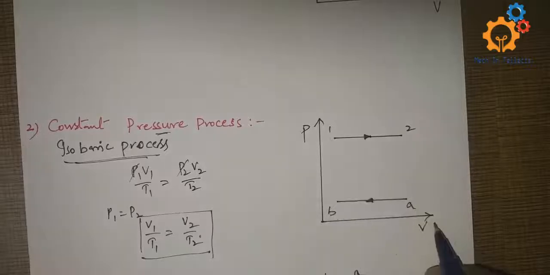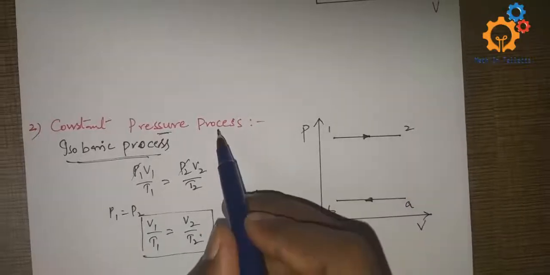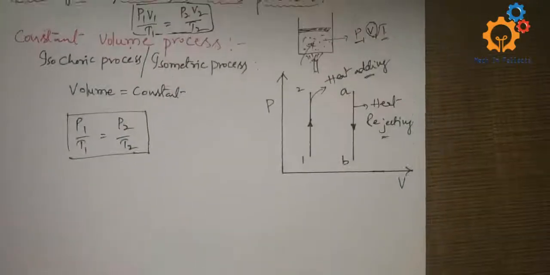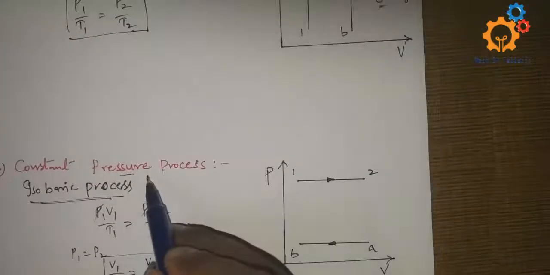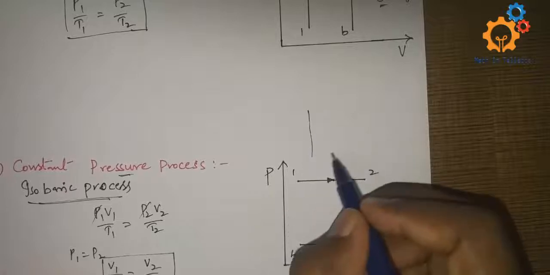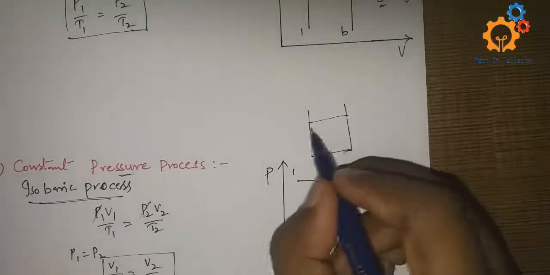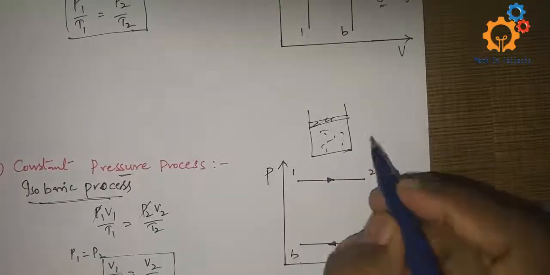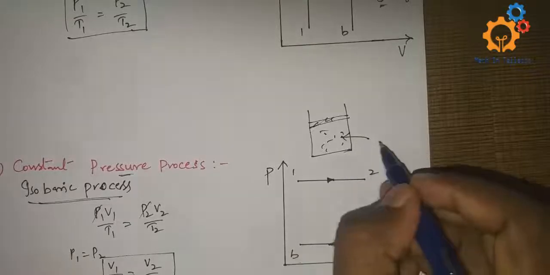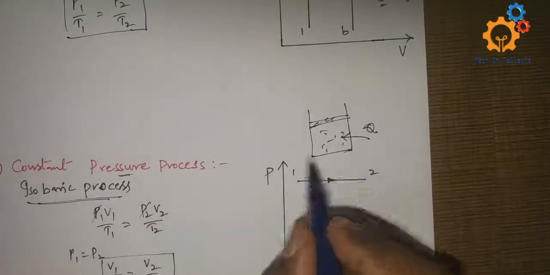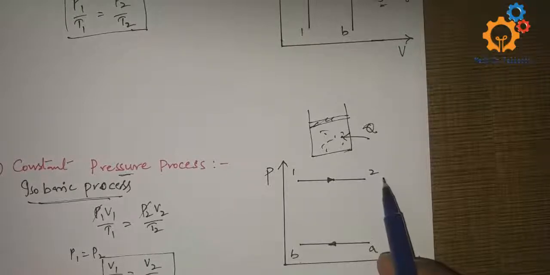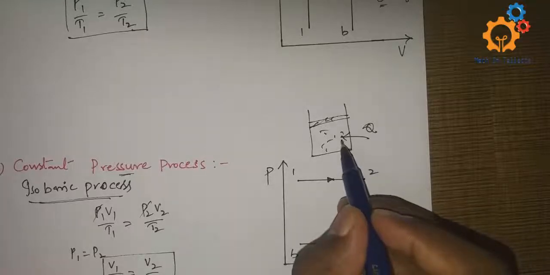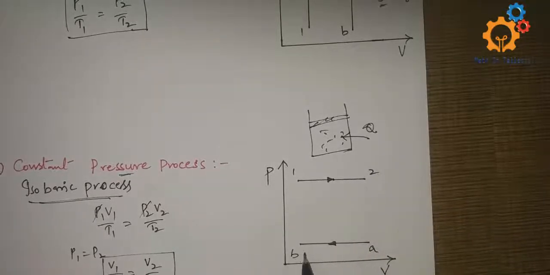Let us understand with the help of a PV diagram. You are supplying heat to the system now at constant pressure, and there is gas inside. At constant pressure, definitely volume is going to increase. If you reject heat from the system, definitely volume is going to decrease.